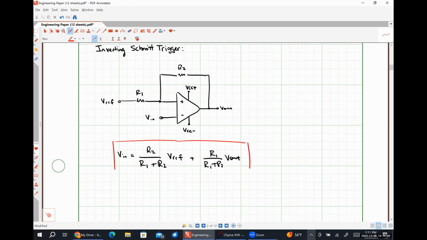For our upper trigger limit, V out is going to be VCC minus. For our lower trigger limit, V out is going to be VCC plus, just like we saw on the previous example. So this one is actually easier to find our upper and lower trigger limit because Vn is what we're solving for finding the LTL and UTL, right? So we literally just plug the numbers in and let them tell us what we want. We don't have to do any algebra whatsoever.